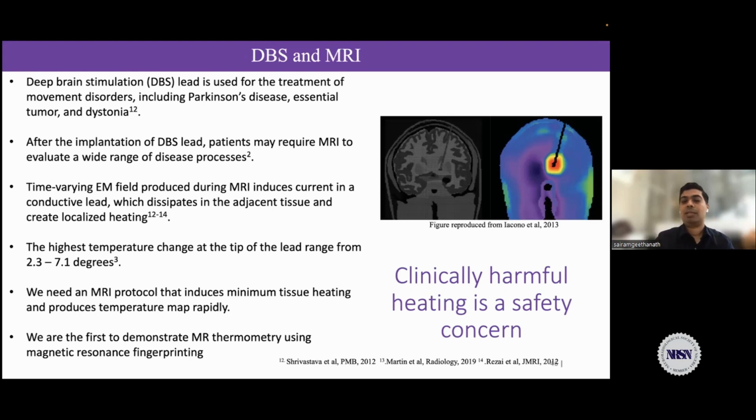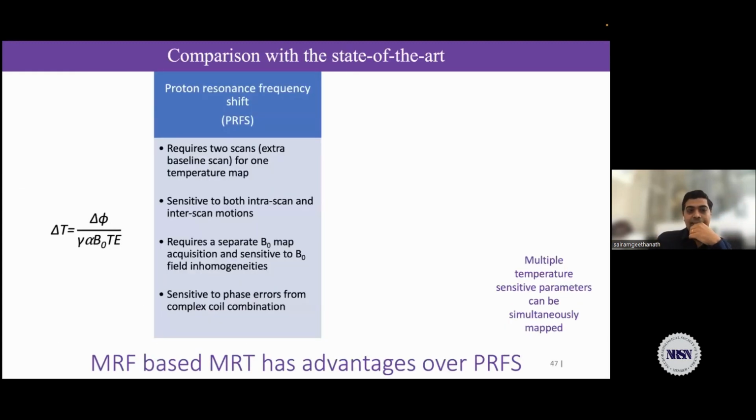Current limits are mostly based on how much power you put in, but having a real-time temperature map is where we want to go towards. The state of the art right now is called proton resonance frequency shift, which requires two scans. So that makes it sensitive to both intra and interscan motions. It also requires a separate off resonance map, and it's sensitive to field inhomogeneities.